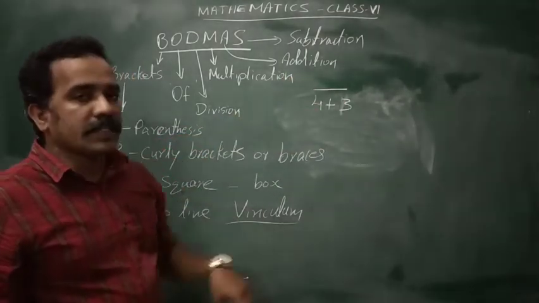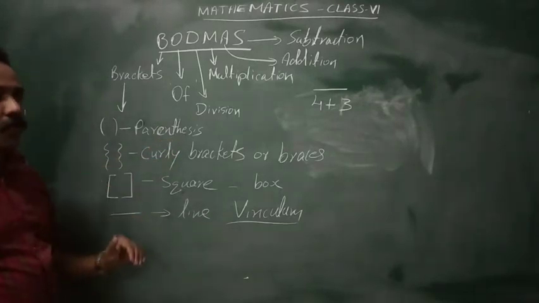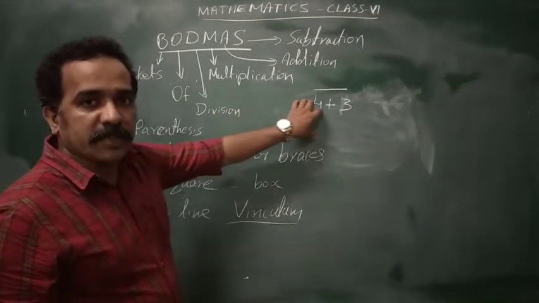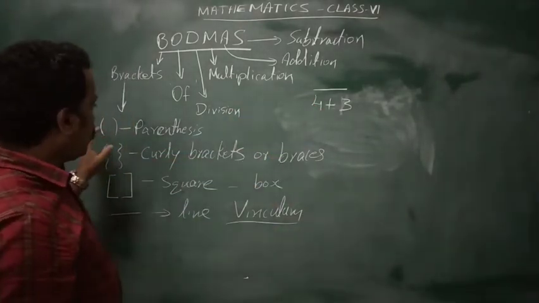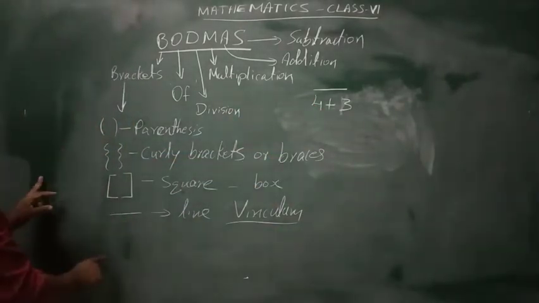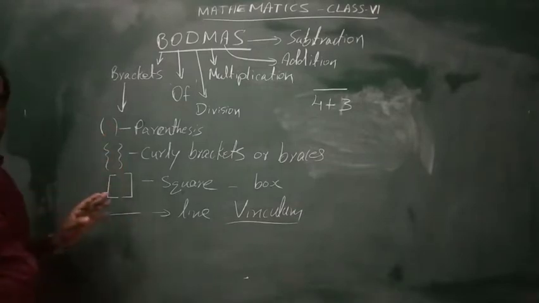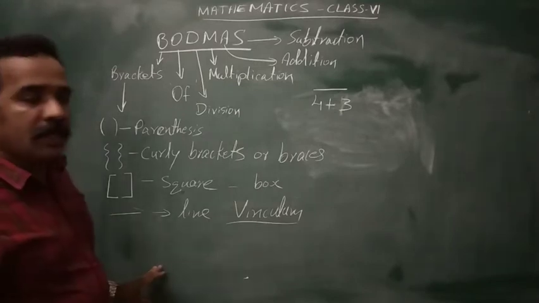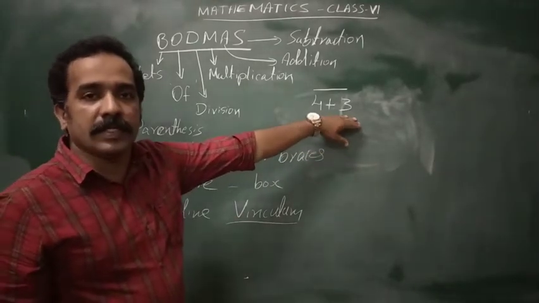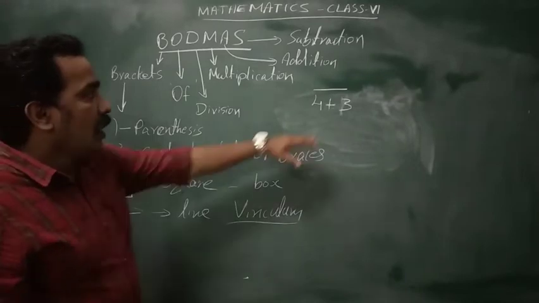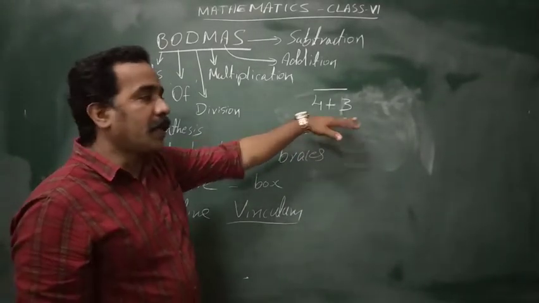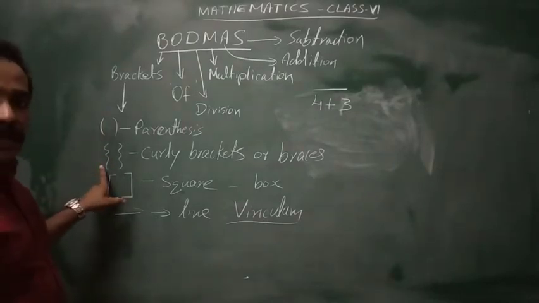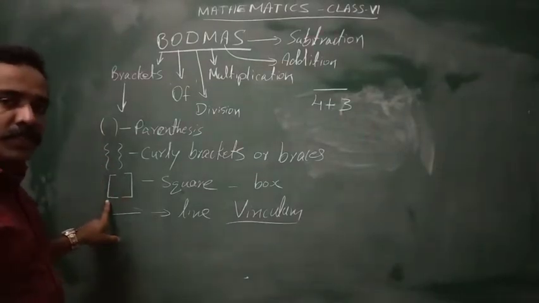So now let us see what is the order of solving the brackets, the expression inside the bracket. Whenever in an arithmetic expression all these brackets are coming, first you have to solve the vinculum, what is under the line bracket. And after line bracket, the next is parenthesis, and then curly bracket, and last square bracket.